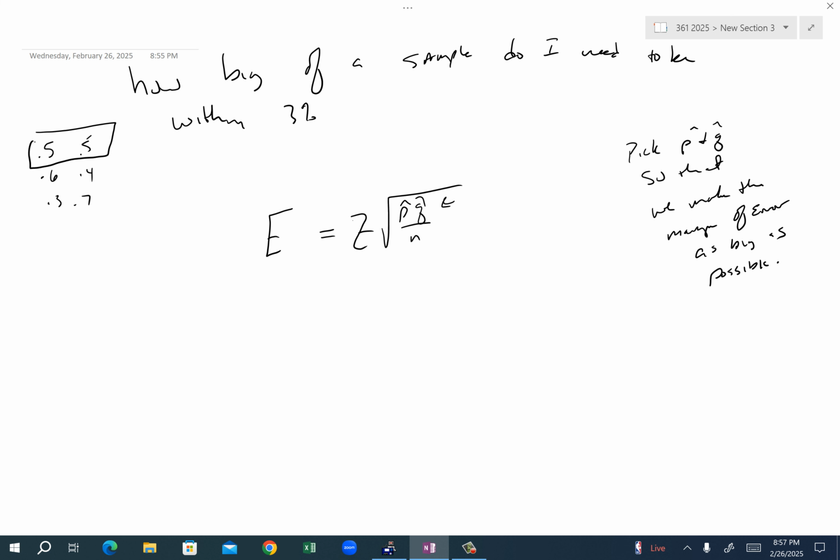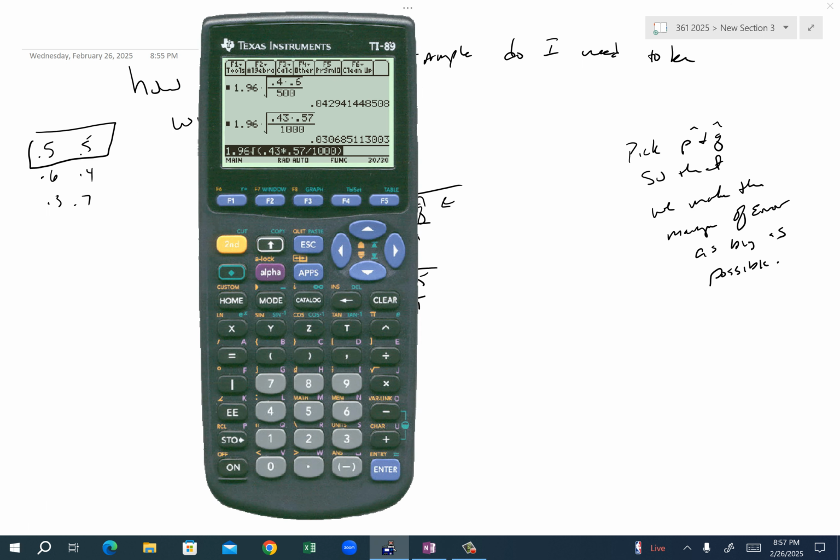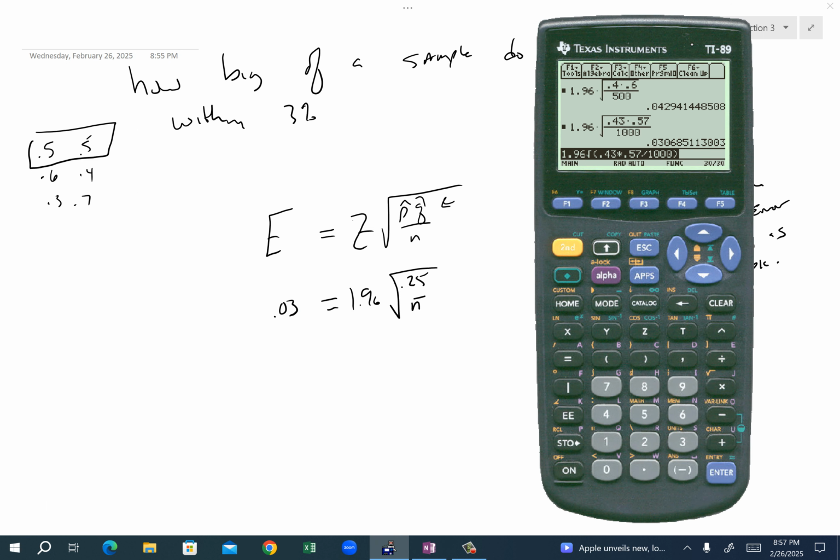That's a small number, okay? So if I have no idea going in, what I'm going to choose is this on top to be 0.25 when I get done multiplying. Make sense? And of course, this is 1.96, and let's say I want the margin of error to be 0.03. Okay, well, obviously do some math here. Gosh, help me. I love a little bit of algebra in the morning. Well, late at night, whenever you're doing your math. And so 0.015, let's flip that.